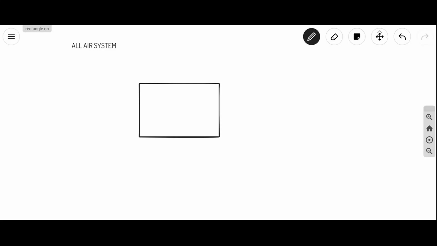One meter, sir, maximum. Where will you normally place it? Outside, you place it outside, right?